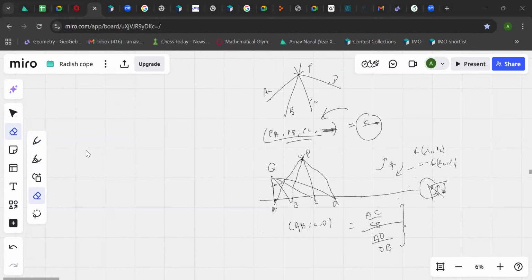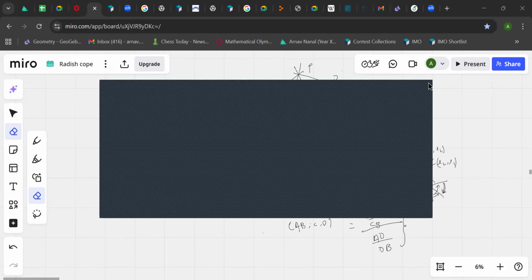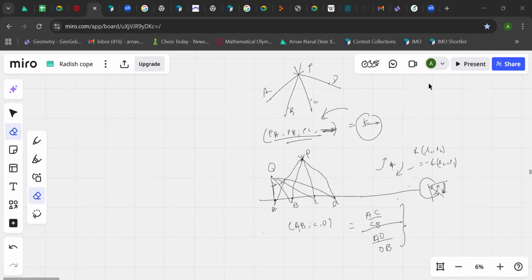Interesting. What can you see on the screen?